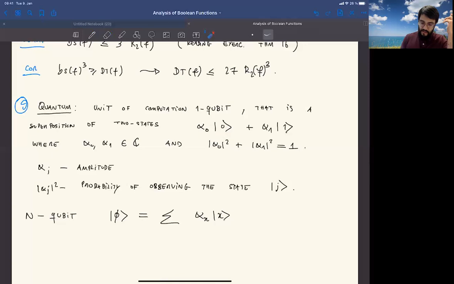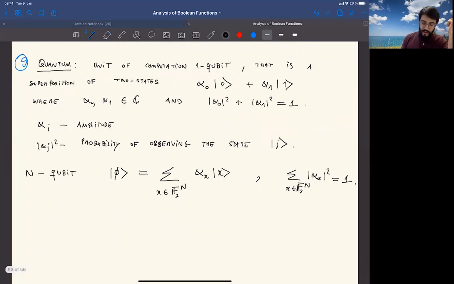I will use that notation instead because we are in the analysis of Boolean functions. And of course, the squared amplitudes sum to 1. Again, alpha x is the amplitude, and alpha x squared is the probability of observing the state x.